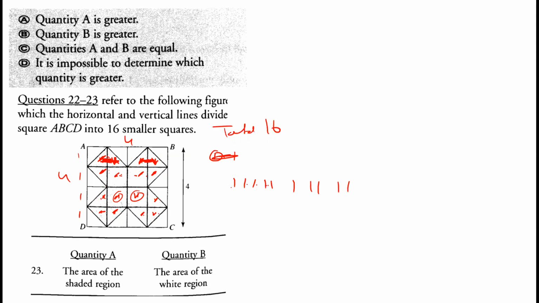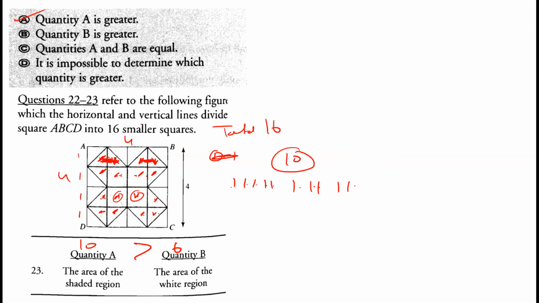So 1, 2, 3, 4, 5, 6, 7, 8, 9, 10. So we have 10 shaded region. Total region is 16, so the area of the shaded region is 10. The area of the unshaded region is 6. So quantity A is greater than quantity B. So option A is correct.